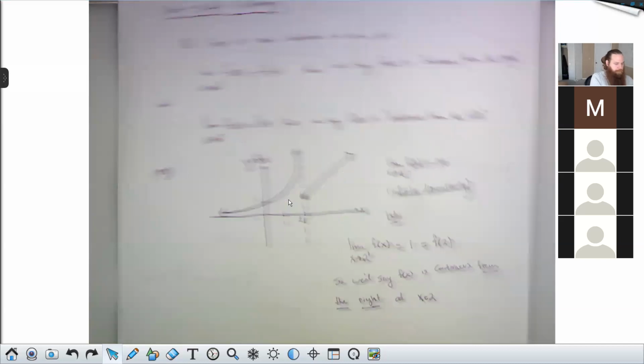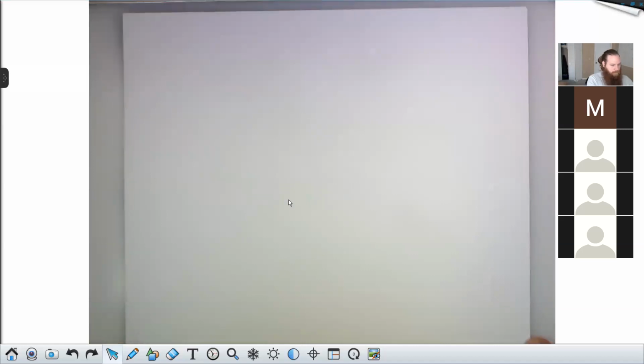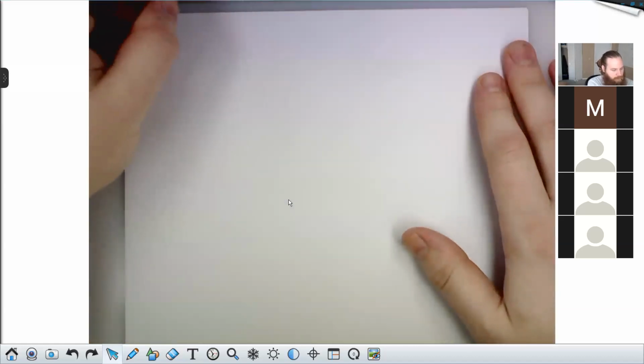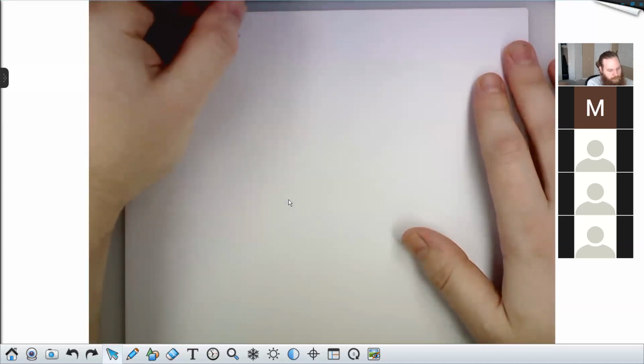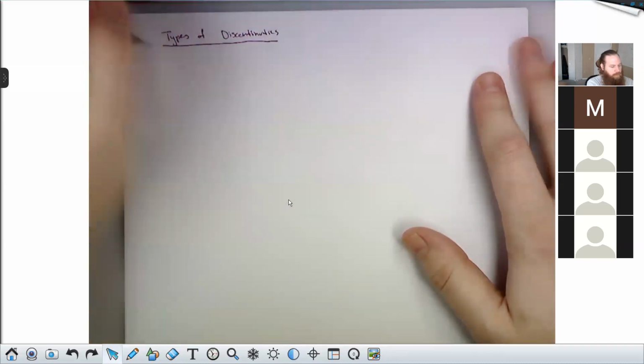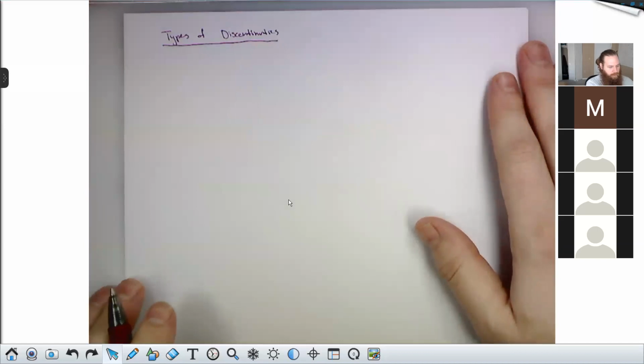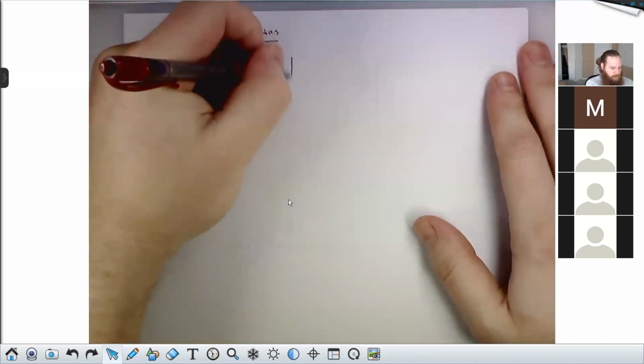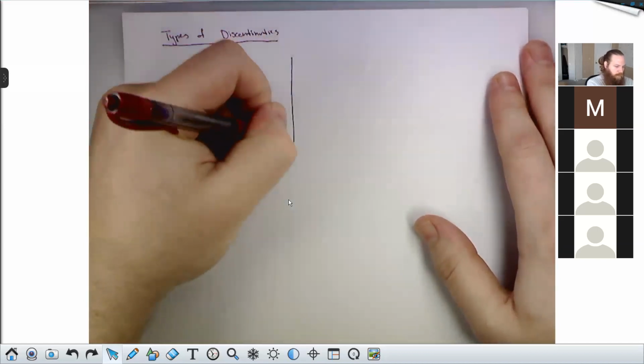Moving along. Types of discontinuities. We saw a removable and an infinite discontinuity. There's one more possibility, and those are called jump discontinuities.